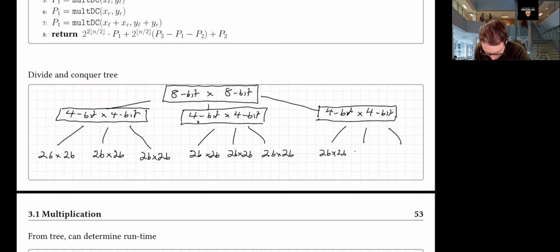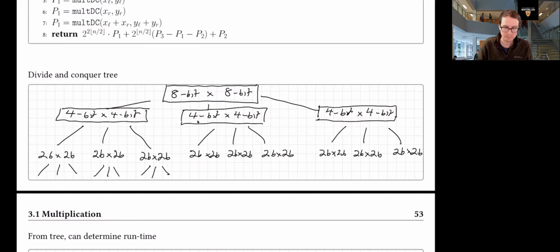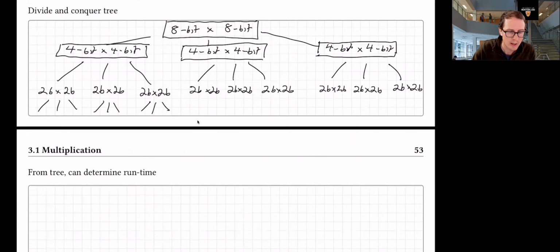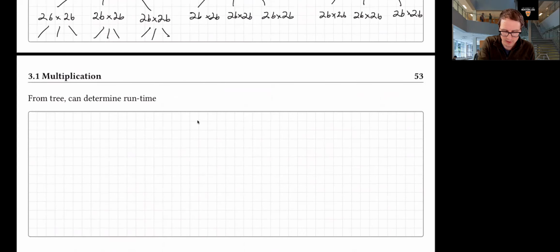I think you get the idea, but I'm just writing them all out. And then each one of these recurses one more time and makes 3 1-bit multiplications, like this. And so you can see this tree is expanding as we go down. And from this tree, we can determine the runtime.